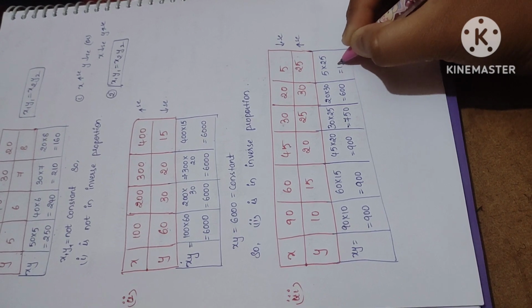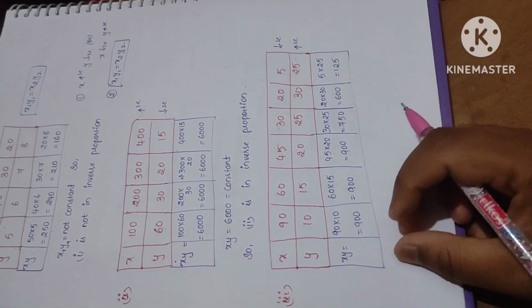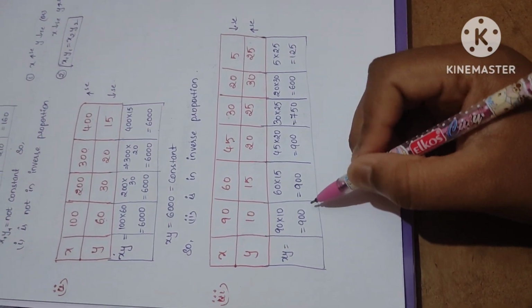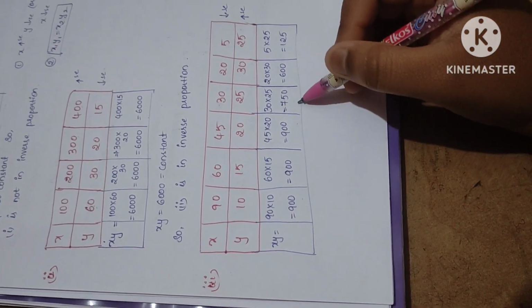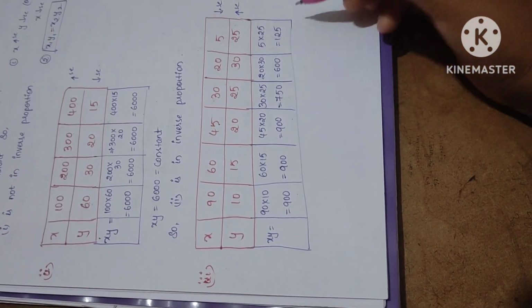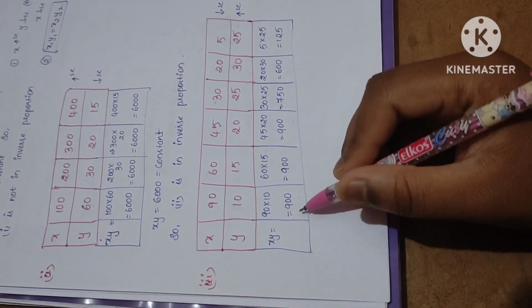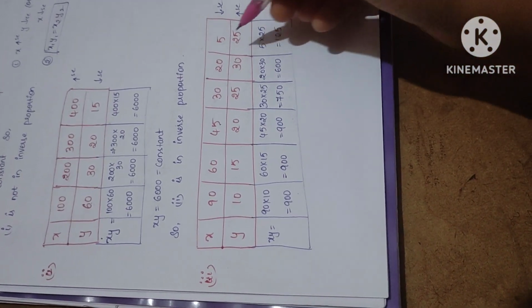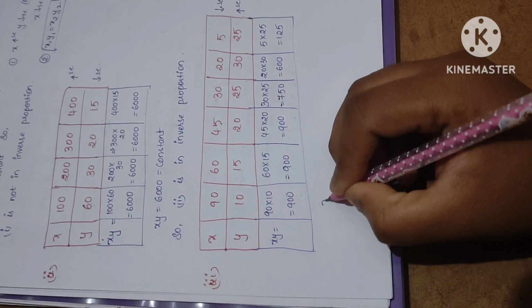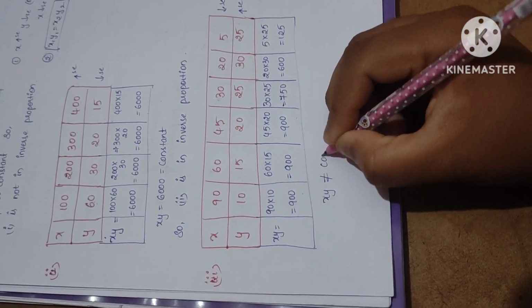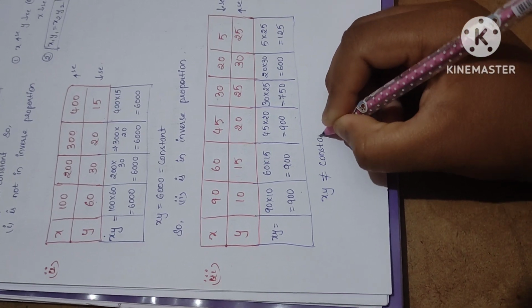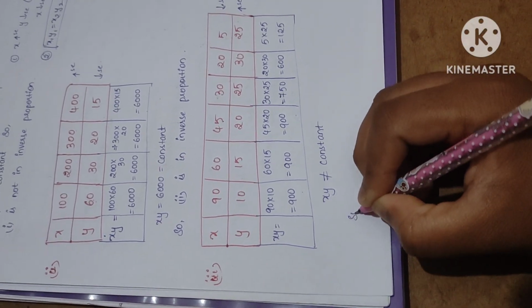So if you see here, xy values are not constant. First three it is 900, then 750, then 600, then last 125. So x into y is not constant for the third problem also. So we can write xy is not equal to constant. So the third problem also is not in inverse proportion.